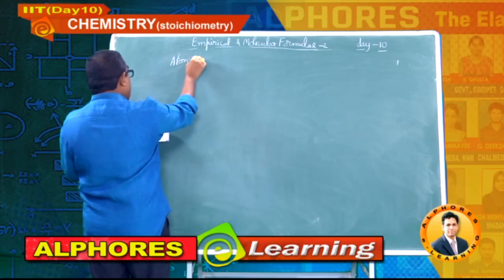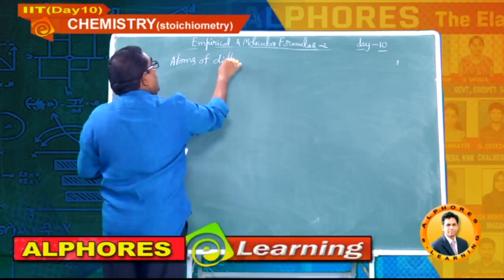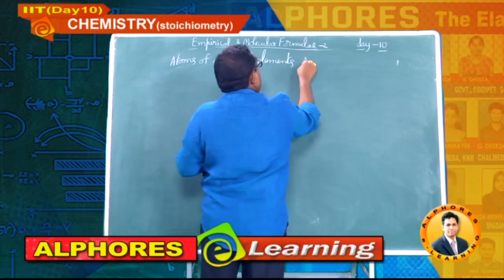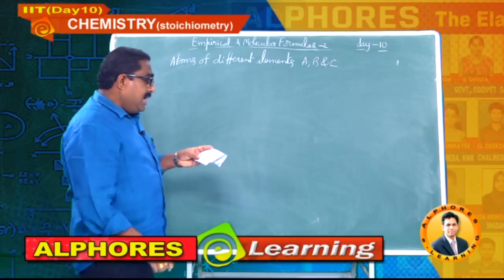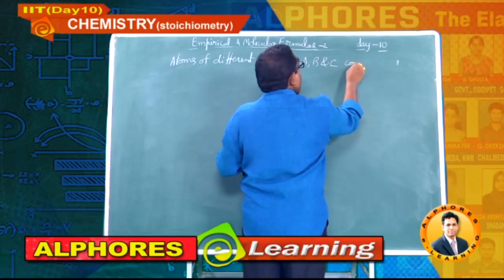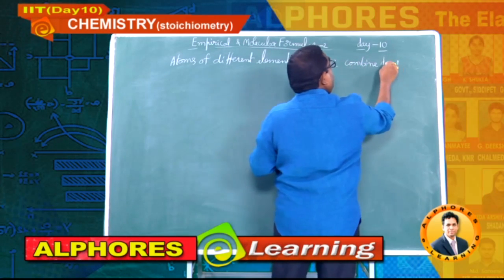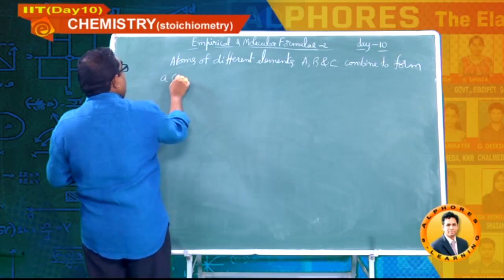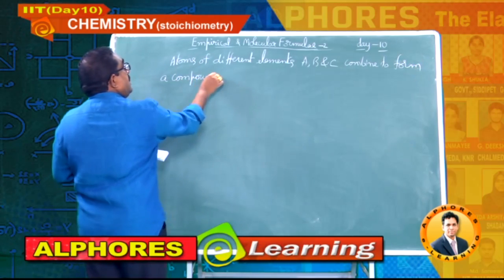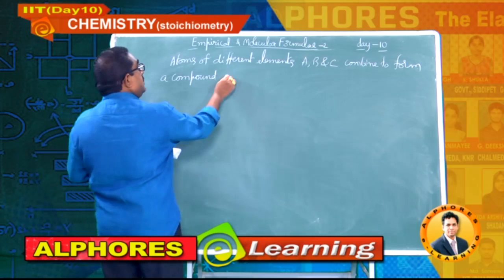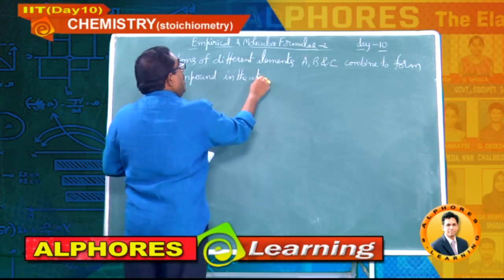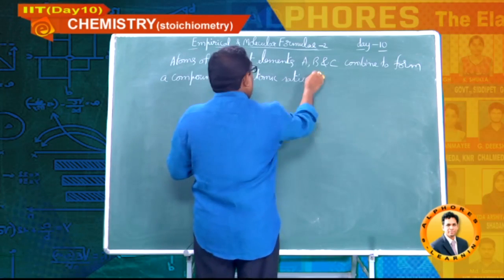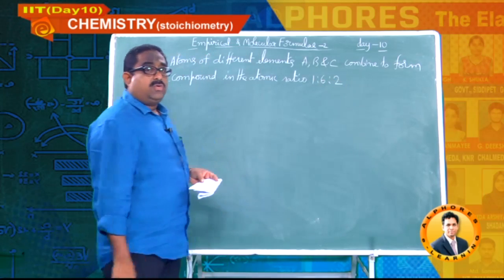Atoms of different elements A, B and C, write down along with me, combine to form a compound in the atomic ratio 1:6:2.